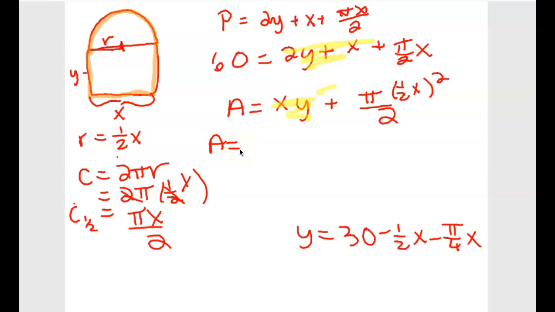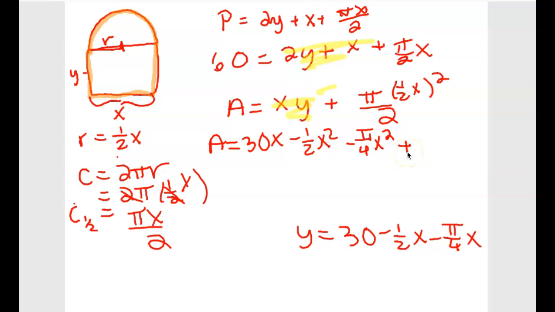Because I have no board space, when I plug it in, I'm also going to distribute the x on my area all in one step. So everything is going to multiply by x. So it's 30x minus 1/2 x squared minus pi fourths x squared, plus pi and a half.